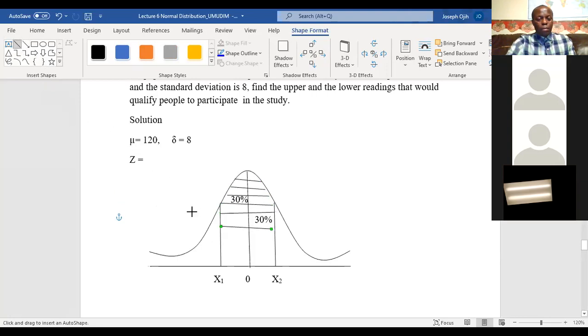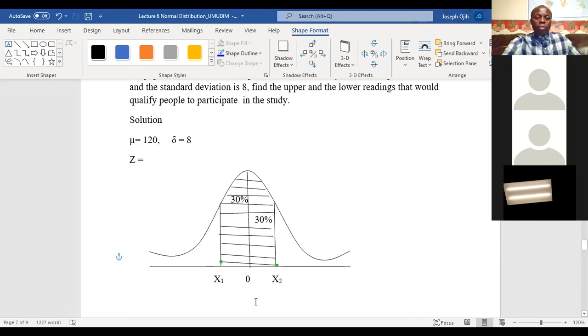You're almost done. Probably 4 more and we'll finish the shading. Okay, 2. 3. Then 4. Now this is the middle 60%.